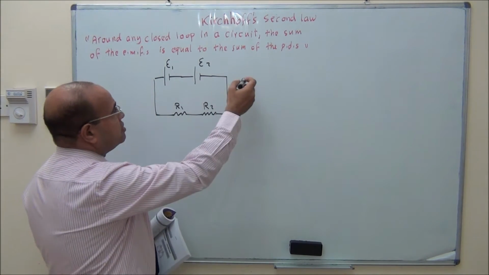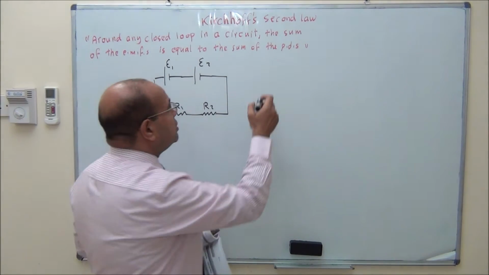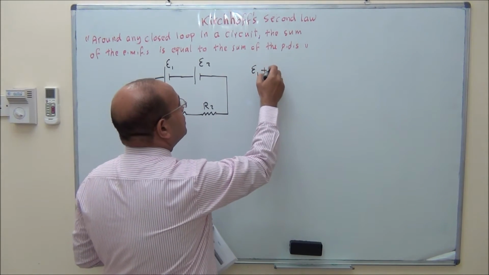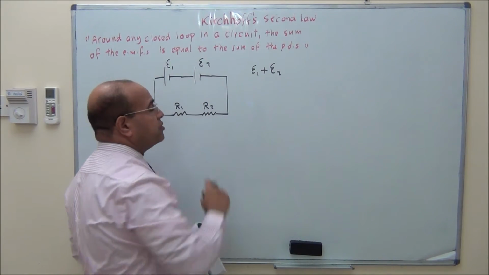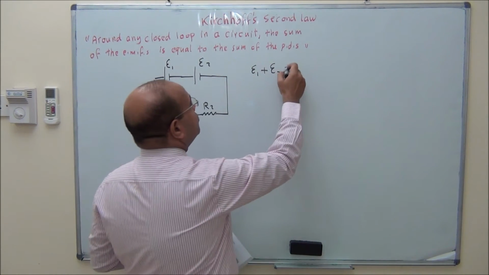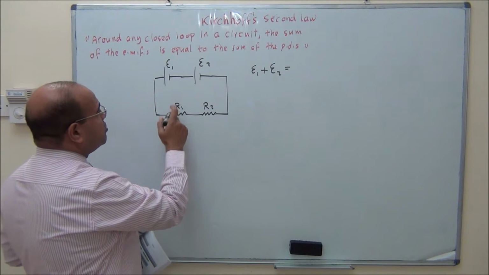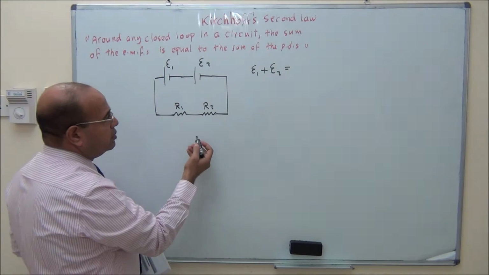So we can say that the sum of EMFs, which means E1 plus E2, is equal to the sum of the potential difference. The potential difference around R1 is IR1.